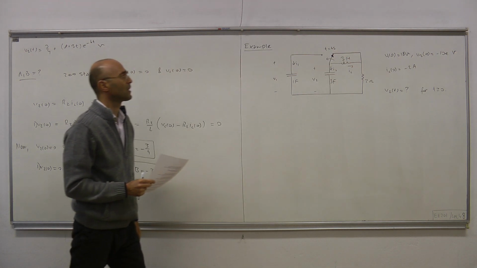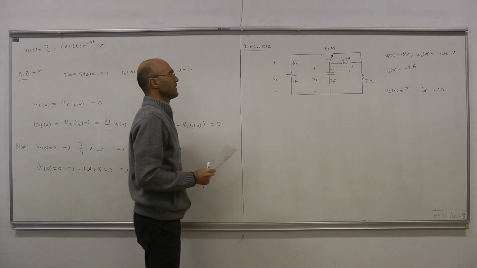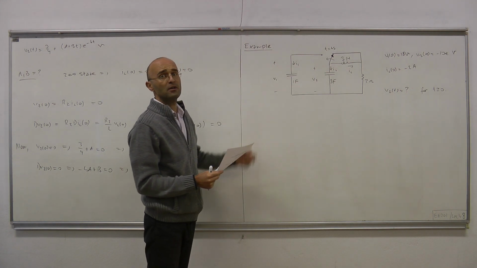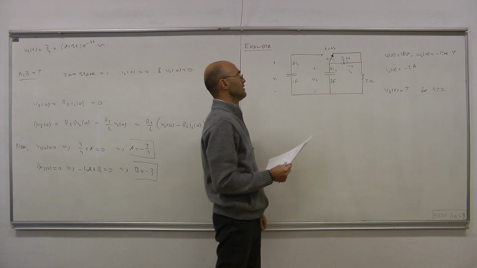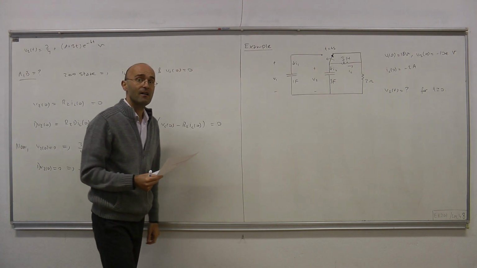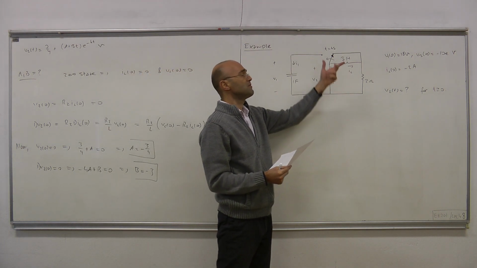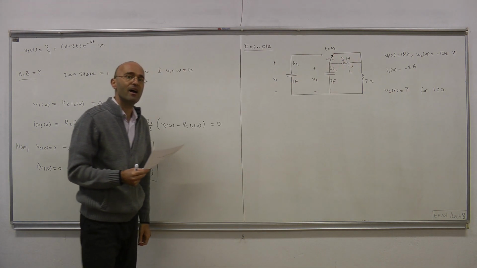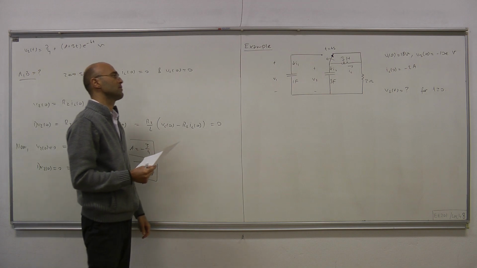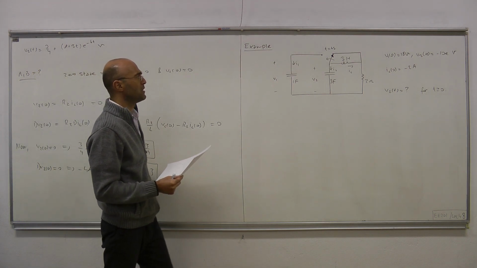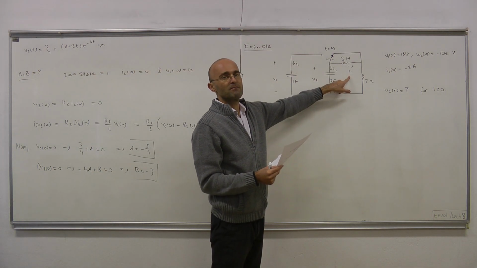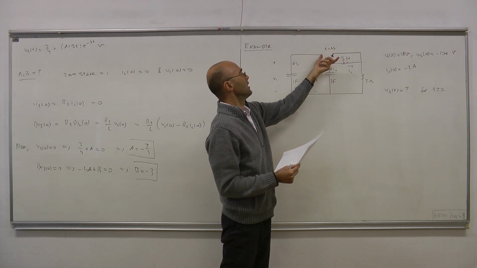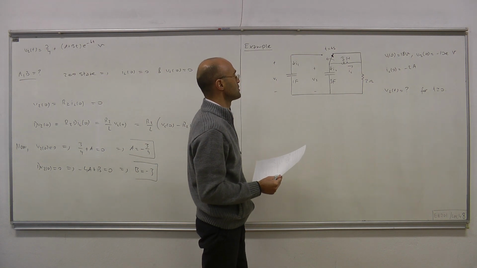Okay, so that means that's a dual situation. VL is L dIL, so dIL is VL over L. VL is 0 because of the short circuit. That means dIL is 0. Rate of change of current for the inductor is 0. So inductor current is not changing. It's also constant until the switch changes position.